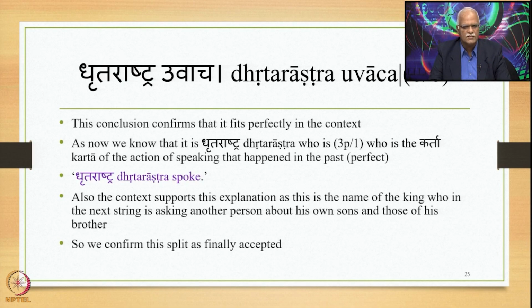Also, the context supports this explanation, as this is the name of the king who in the next string, namely Dharmakshetre Kurukshetre Samaveta Yuyutsavaha Mamakah Pandavashchaiva Kim Akurvata Sanjaya, is asking this Sanjaya about his own sons and those of his brother. So we confirm this particular split as finally accepted.